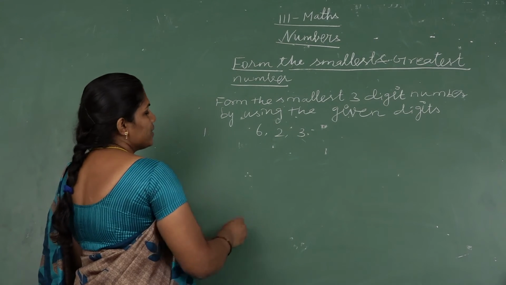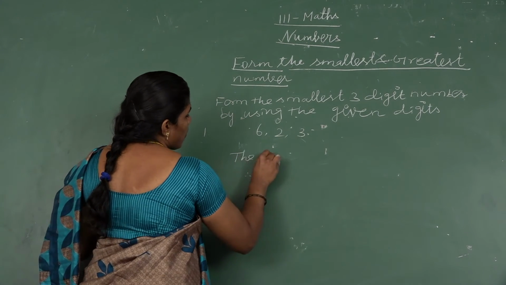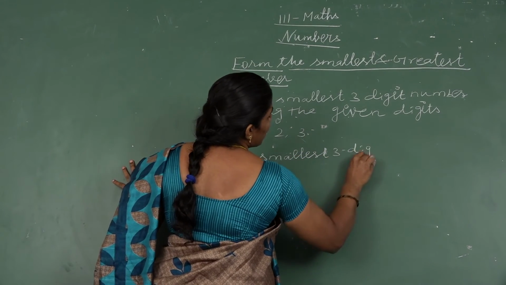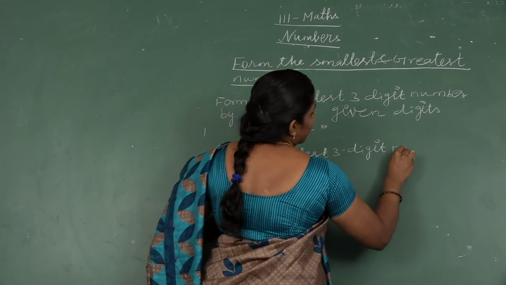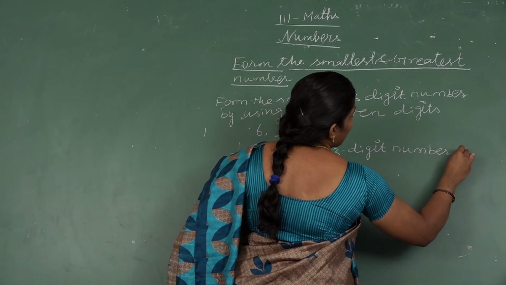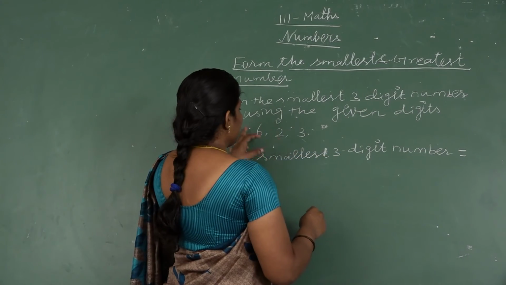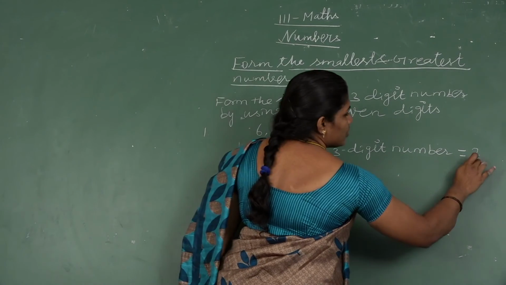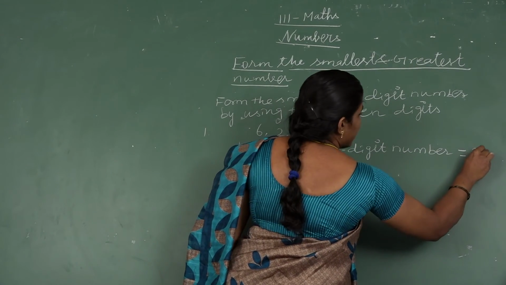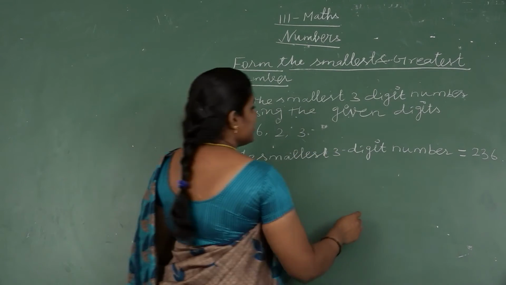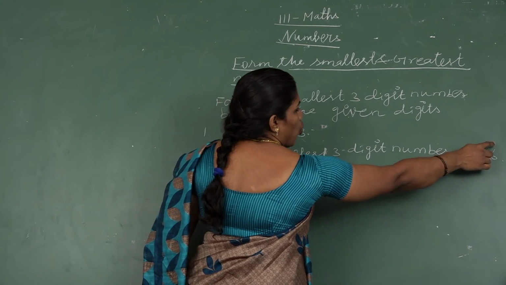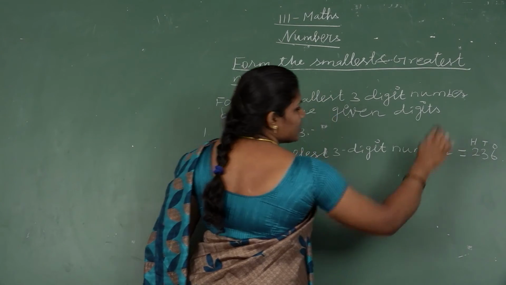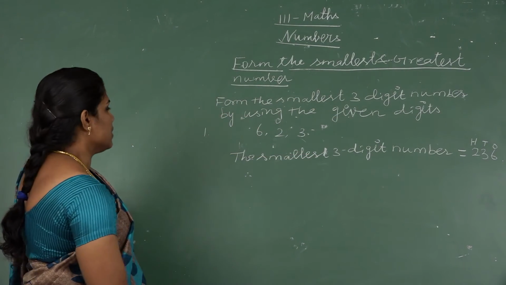This is the smallest 3-digit number: 236. Ones, tens, hundreds.